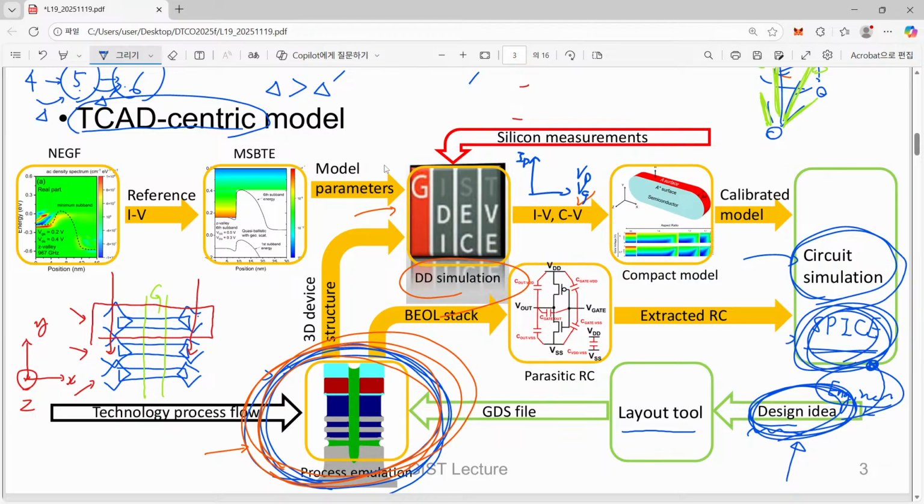It is really easy to increase the number of transistors, so it is not feasible to perform device simulation every time. For a larger system, we need a more efficient way to describe the behavior of our devices. So that's the reason why we now have the compact model.